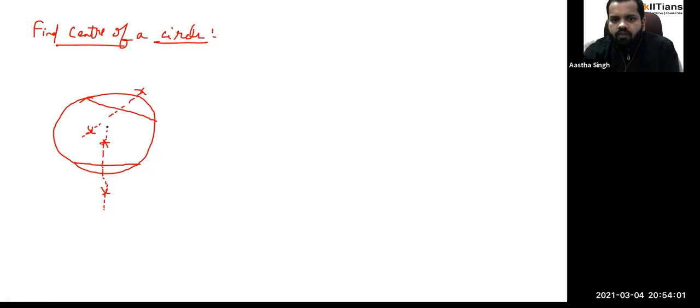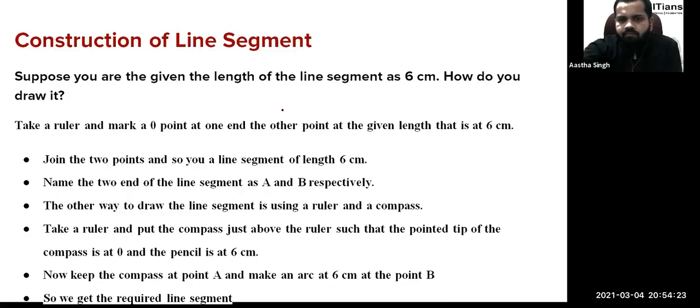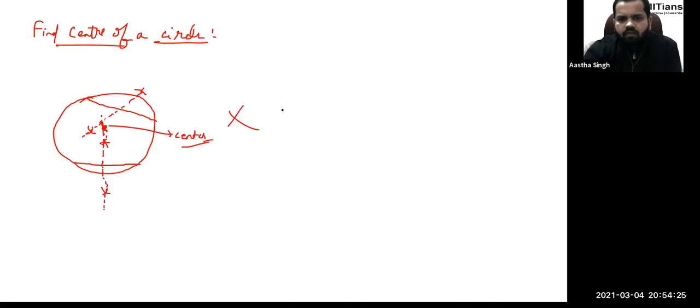The intersection of those perpendicular bisectors is your center, basically, right? This is not in your syllabus, so I have just told you for your information. This is how you find the center, okay?